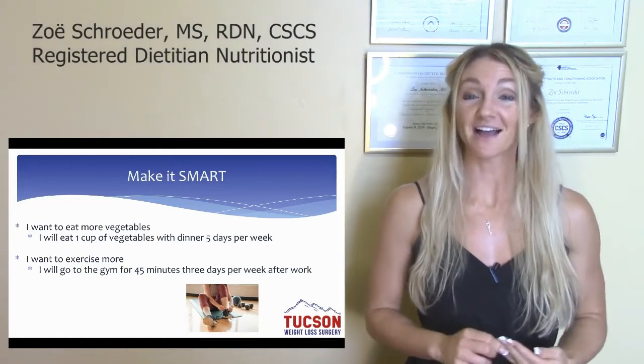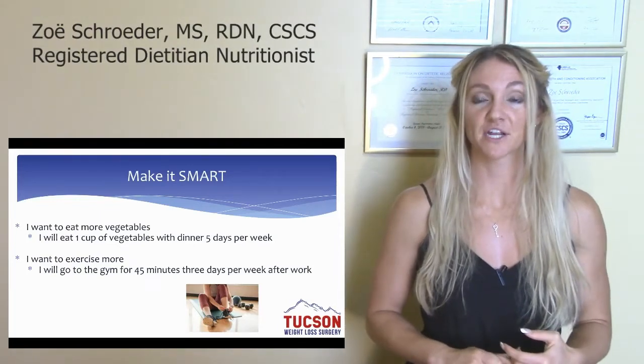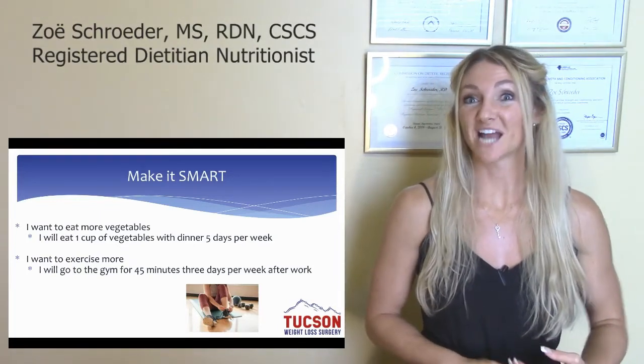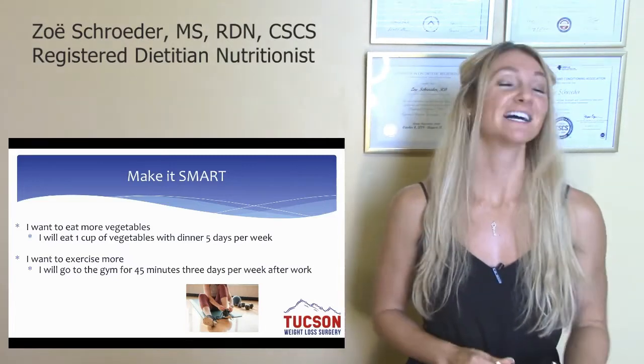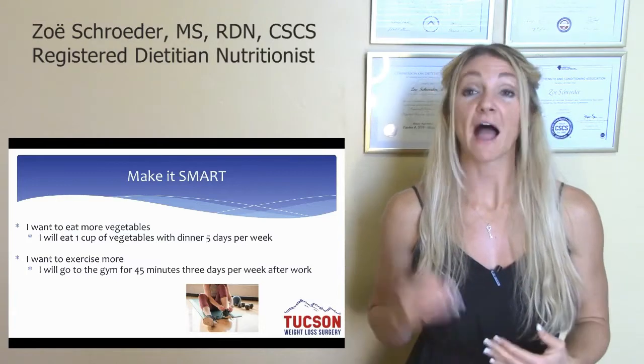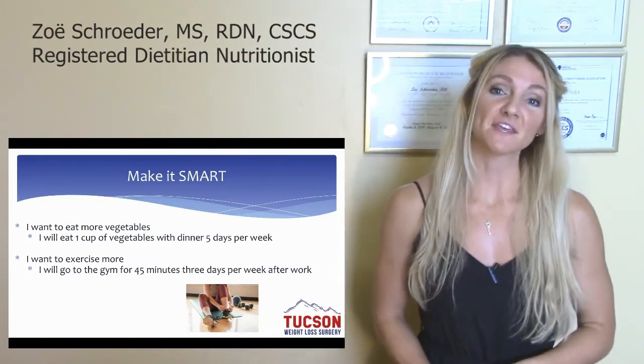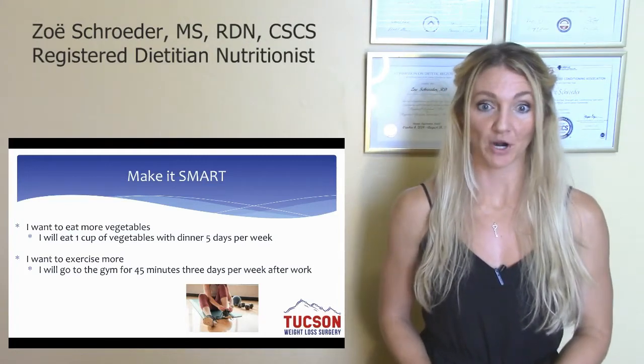Achievable, yeah, I think it's achievable and realistic. 5 days a week, I think that's a pretty great goal because it's not all or nothing, right? And timely, so it gives you the time of how many times per week you are going to do this goal.